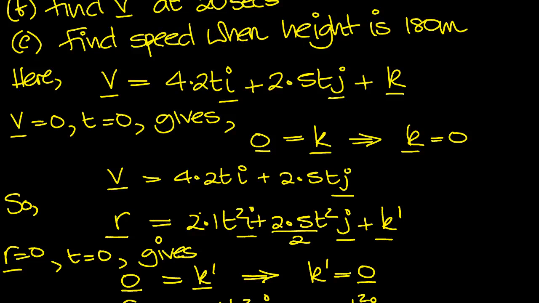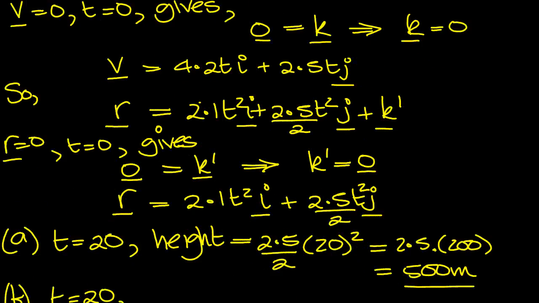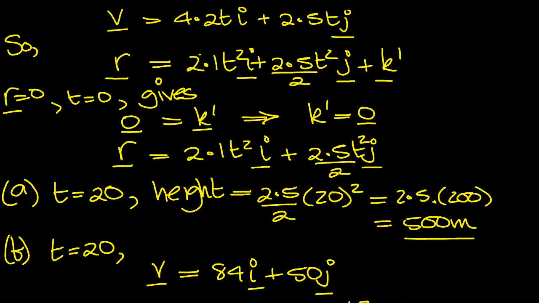And now we need to find the speed. So v is this. So let's work with this then. It's 4.2ti and 2.5tj.